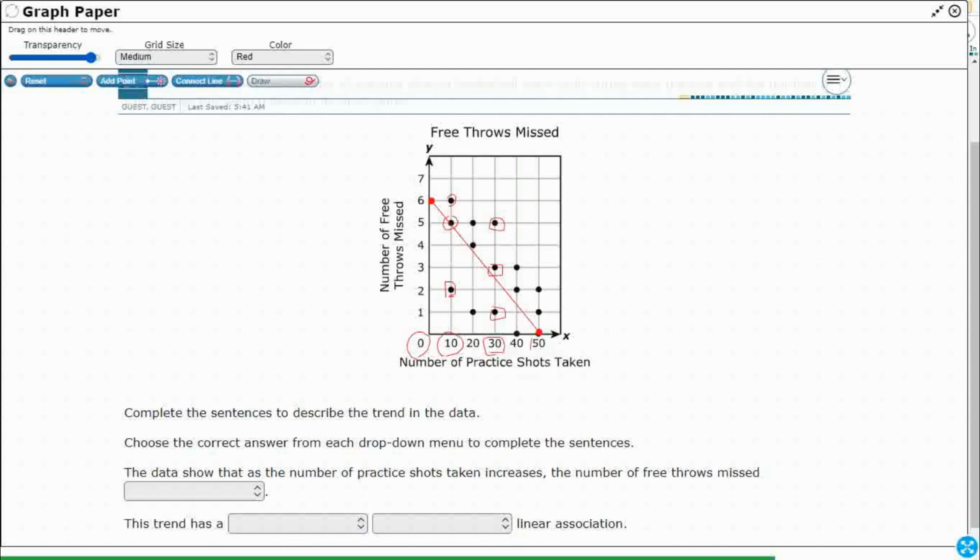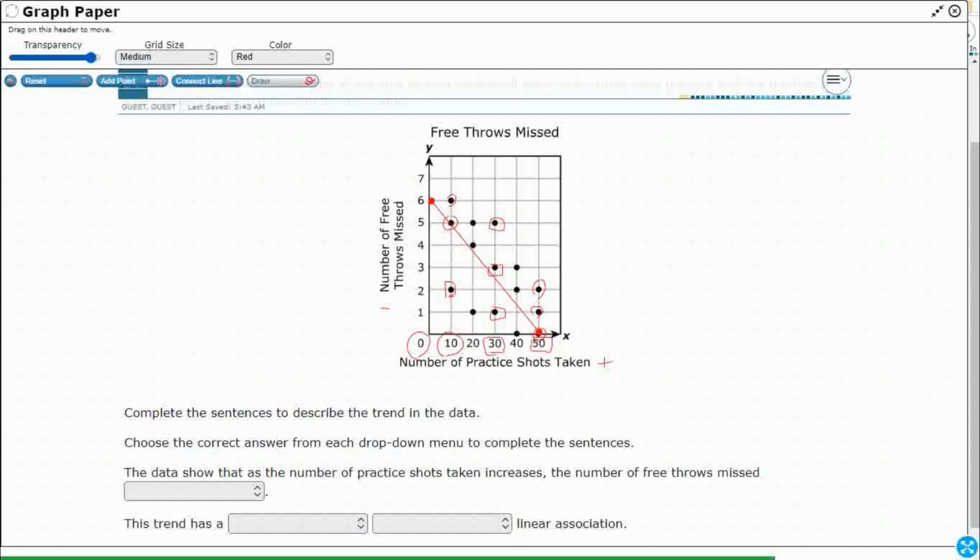Then we go up to our 50 practice shots. Look at this, we've got 0, 1, and 2. We don't have anything of that 5 or 6. So it does make sense, right? The number of practice shots, as those move to the right and increase, then our number of free throws are going to decrease a little bit.